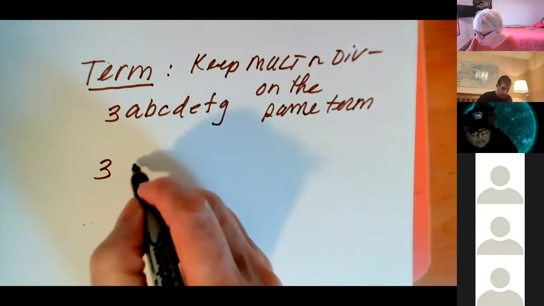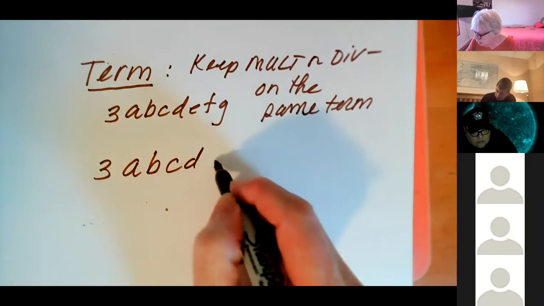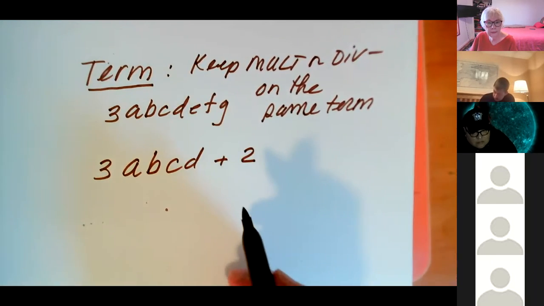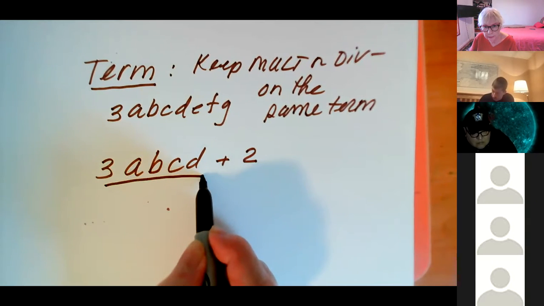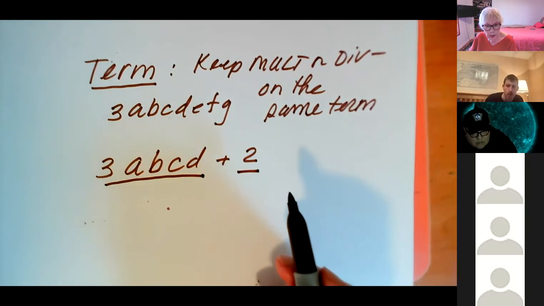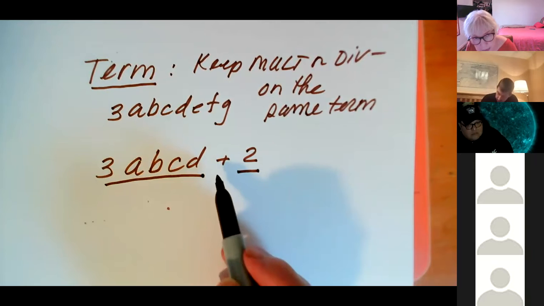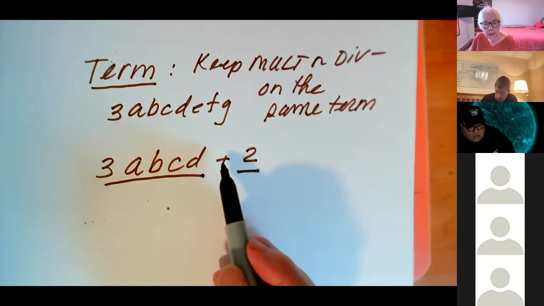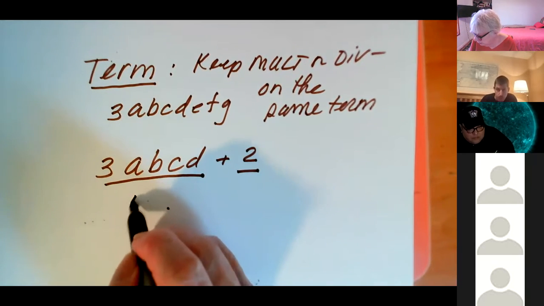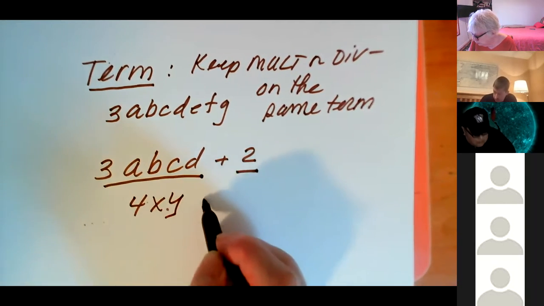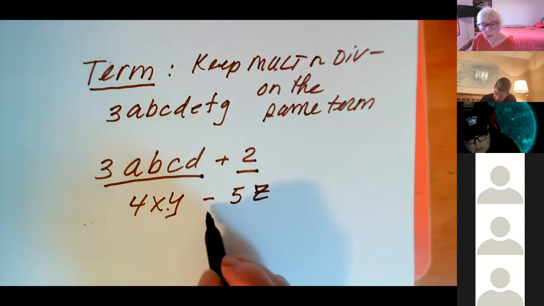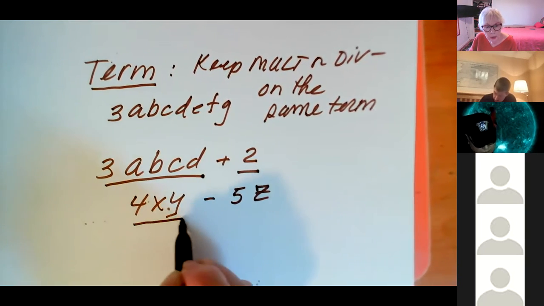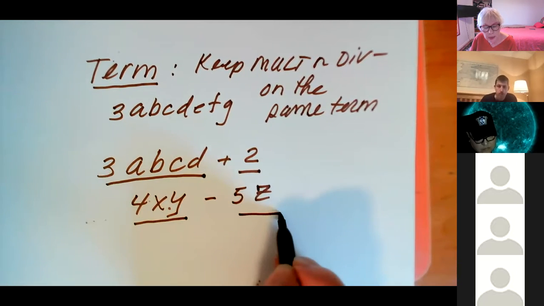So if I have 3 A, B, C, D plus 2, this is one term, and this is the second term. So what separates terms? Either a plus sign or a minus sign. So this would be one term, this would be the other.